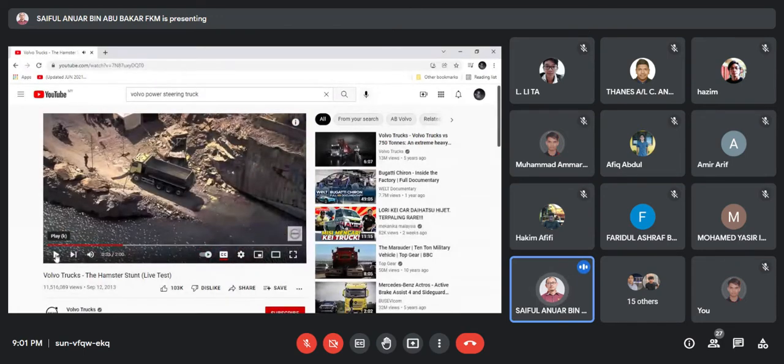Okay, this one is actually using power steering. For commercial vehicles, for light trucks, they cannot use an electrical motor. Usually they use a pressurized hydraulic line. It's just that the opening of the valve for the hydraulic system is controlled by electrical signals from the steering system.